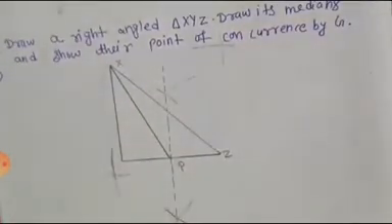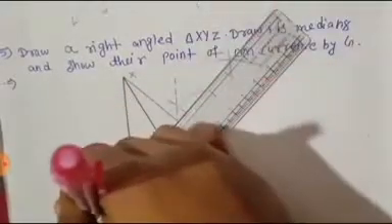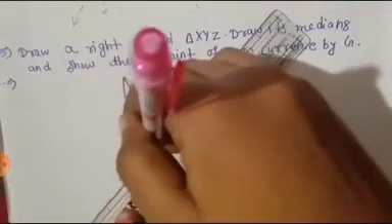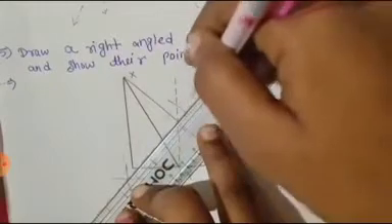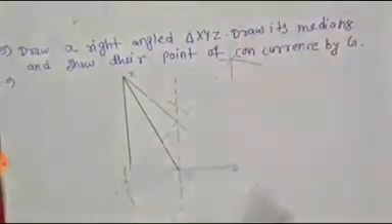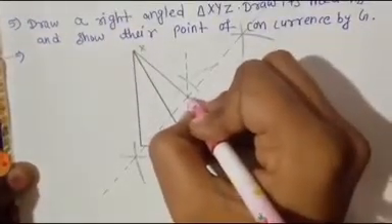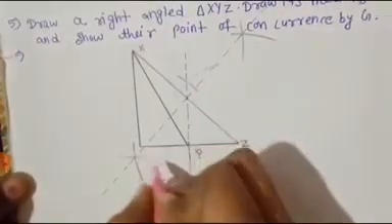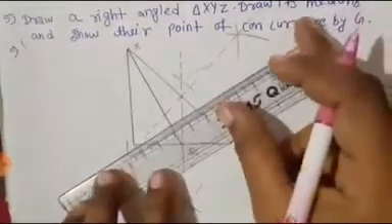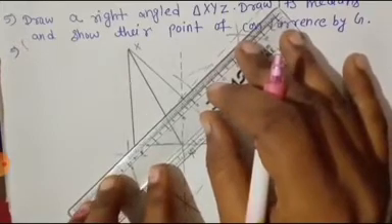Now join these 2 points with the help of a scale, denoted by a dotted line. Join these 2 points properly with the scale. Now I want to draw the median also. You will get the point Q here. So join QY. This is the next median.